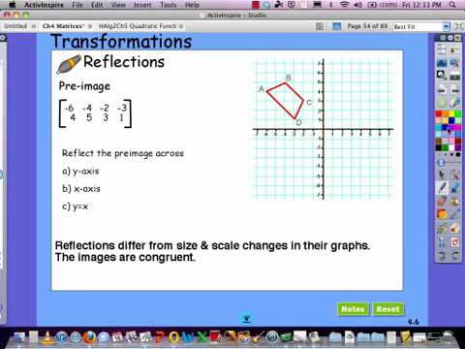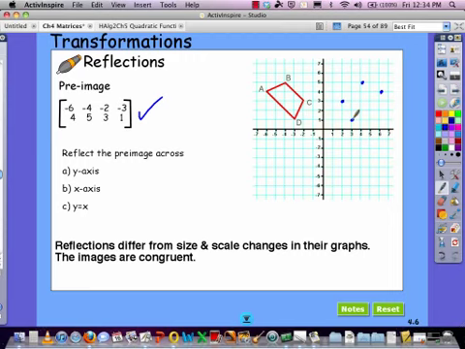If we go over the y-axis, and you have your picture to look at, and you also have your points over here to look at, reflecting over the y-axis is where the x turns to the opposite, the y stays the same. So we would have a 6, 4, a 4, 5, a 2, 3, and a 3, 1.